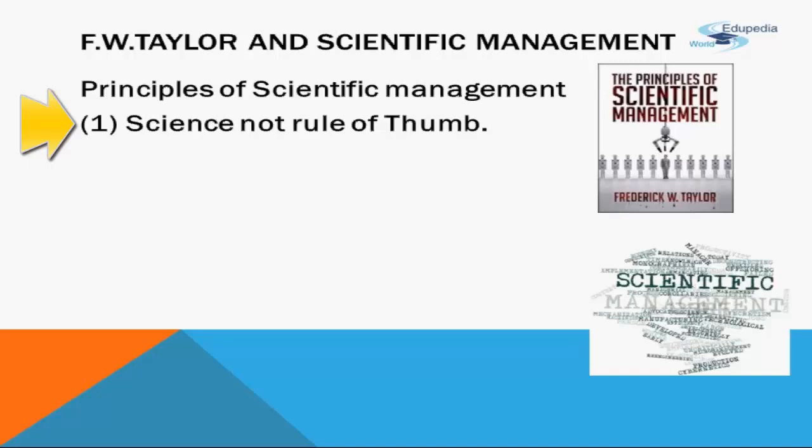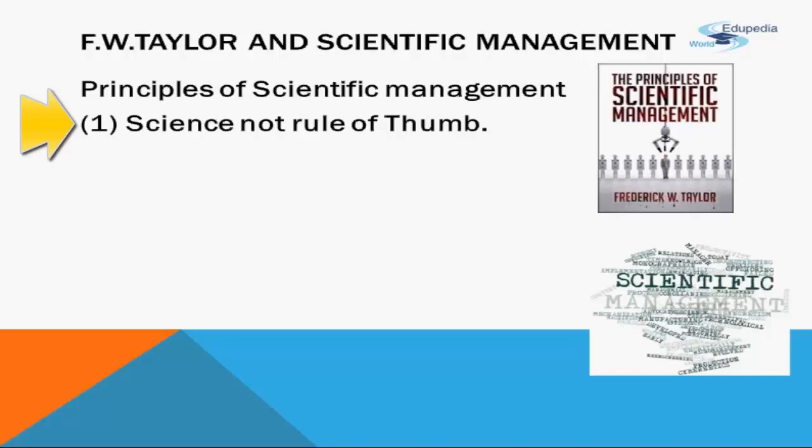Let's take an example. Standard time or standard method for doing a task must be scientifically analyzed and should not be based on estimates, past experience or hit and trial methods. For instance, use of the internet has brought about dramatic improvements in internal efficiency and customer satisfaction. So this was one principle: science, not rule of thumb.